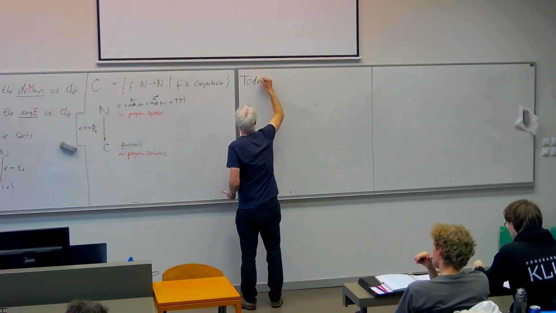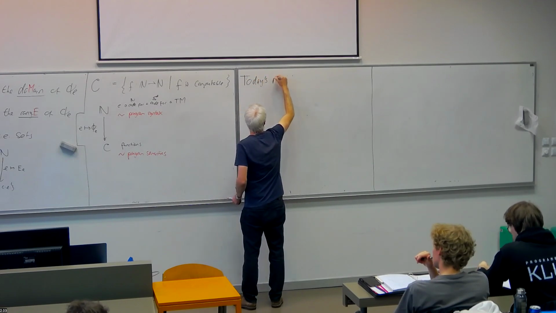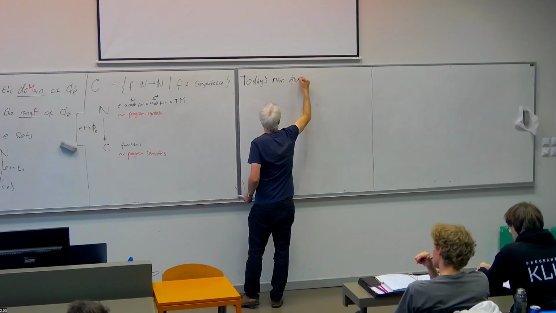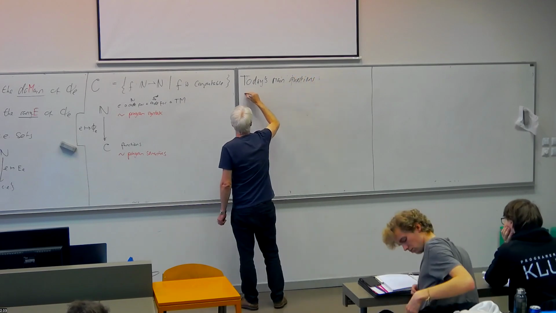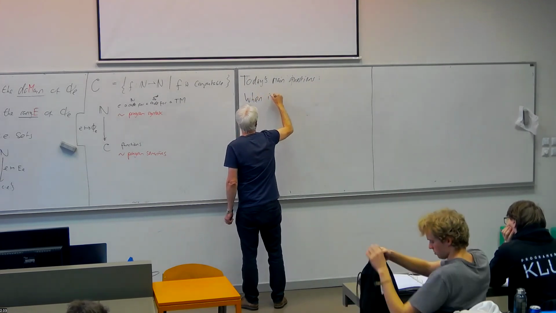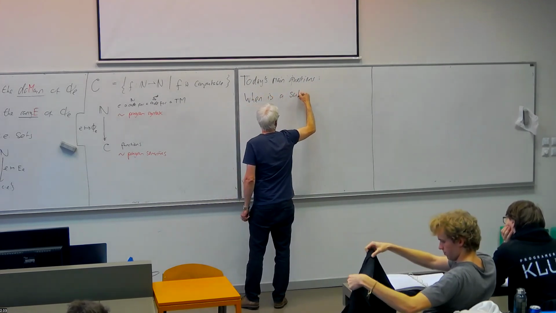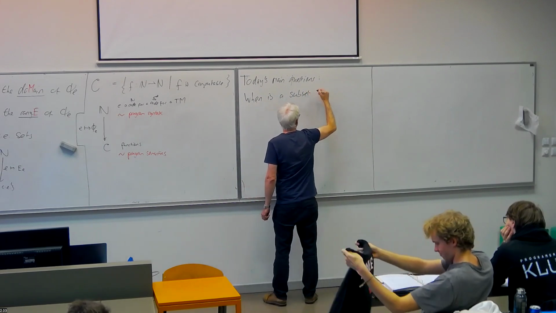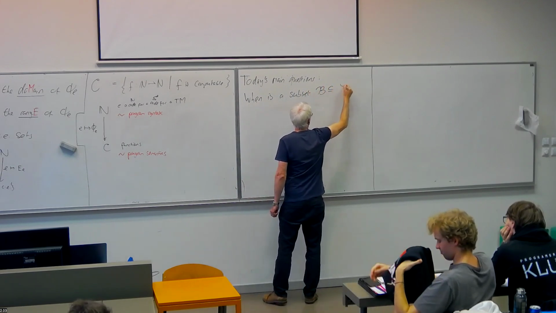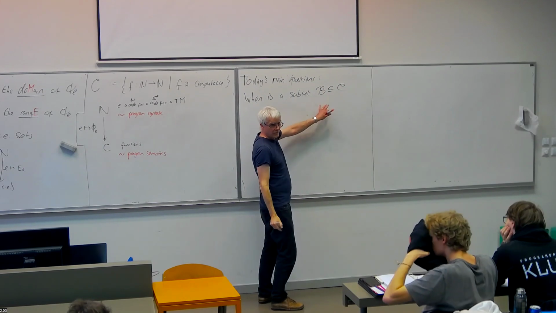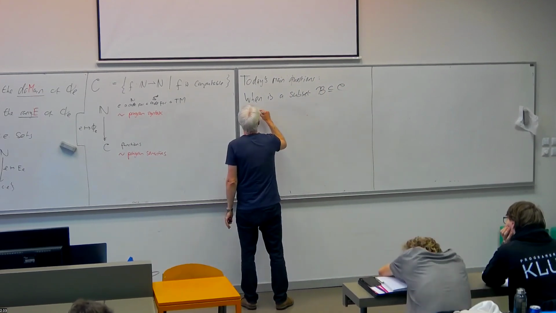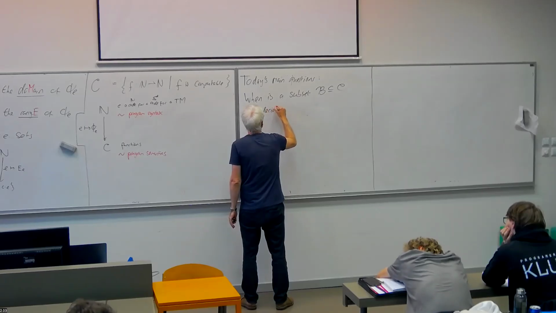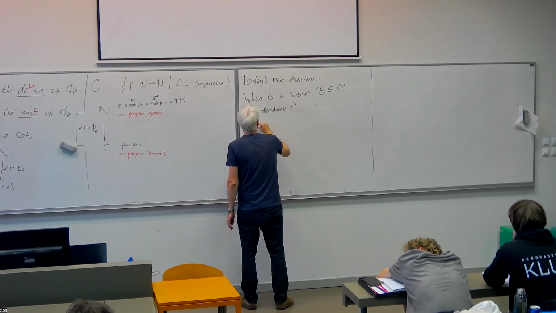Today's main questions. It's a subset curly B of C, so a set of computable partial functions. When is it decidable? And when is it semi-decidable?